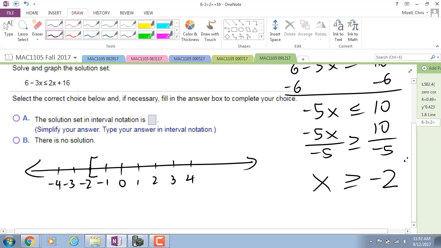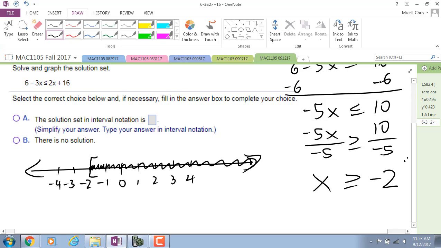That would correspond to a solid dot. You'd see a parenthesis if you would otherwise put an open circle, if you did not have the or equal to bar there, if it were strictly greater than. I'm not really picky about how you draw the number line, or even how you shade it, but this is the portion of the real number line that we're talking about. These are the numbers that are greater than or equal to -2.